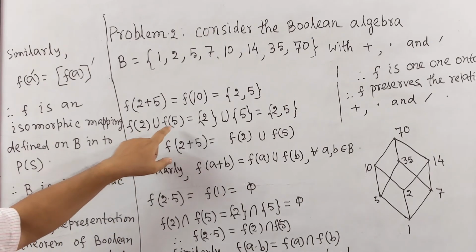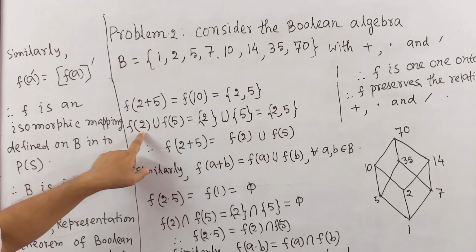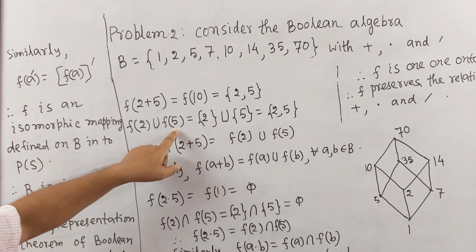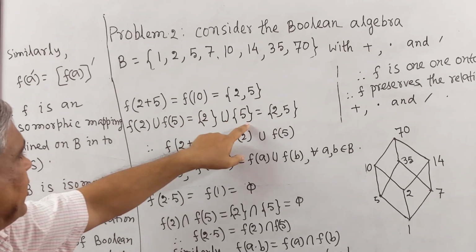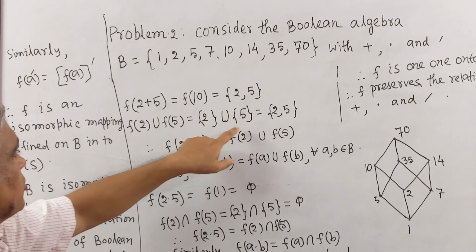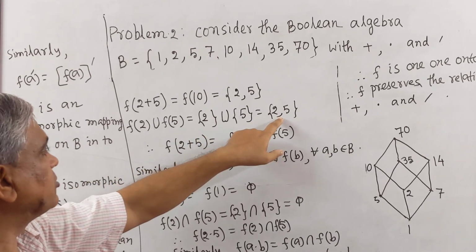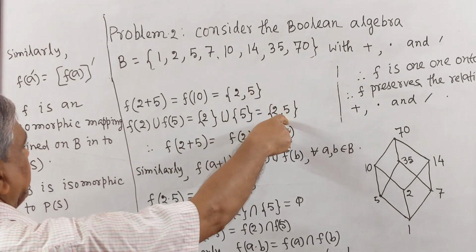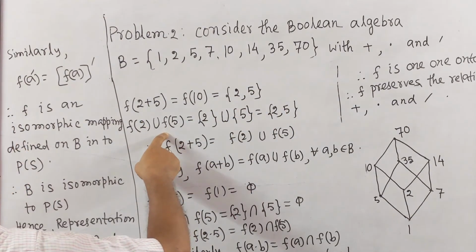F2 union F5: F2 means a set containing element 2, F5 means a set containing element 5, and the union of these two sets equals a set containing elements 2 and 5. So right side equal, so left side equal.